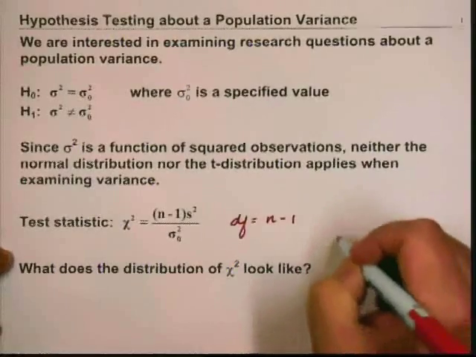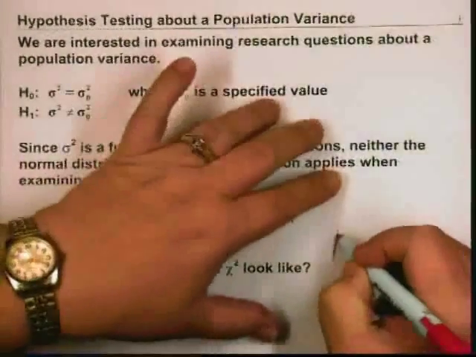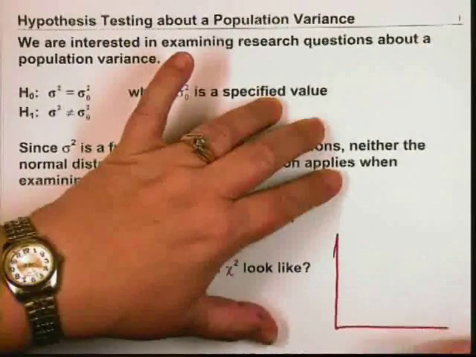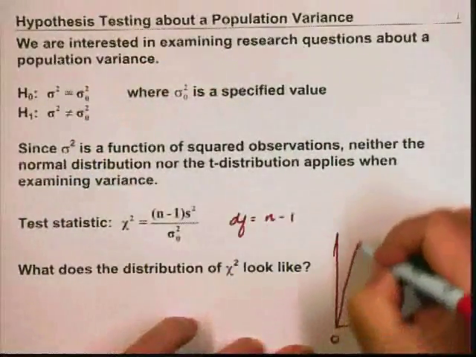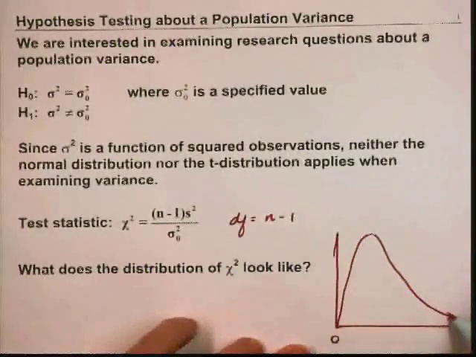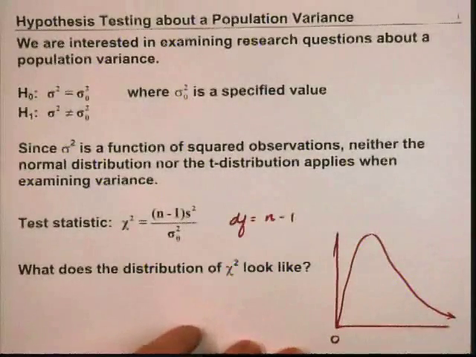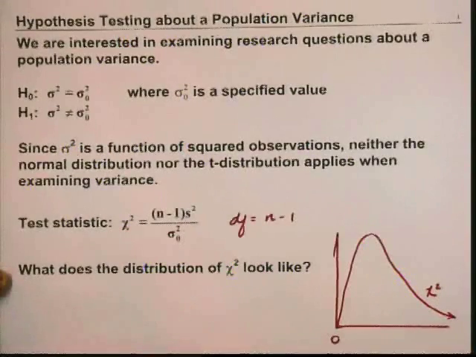It has its lowest value here at 0, and it is an asymmetric distribution. So that's what chi-square roughly looks like.